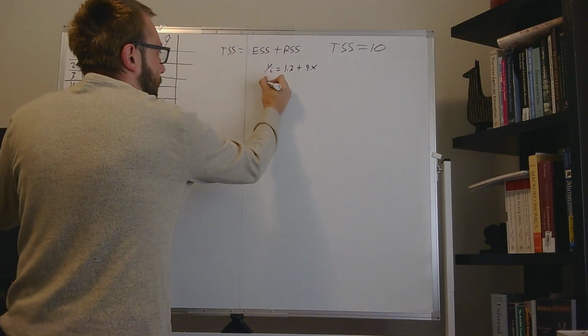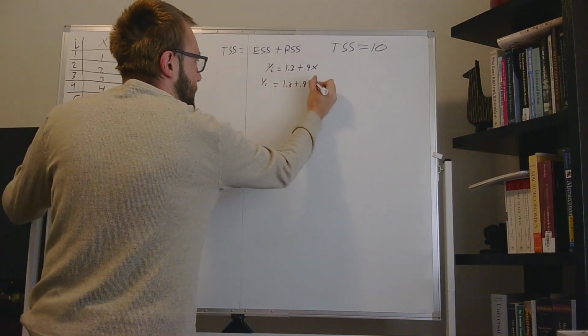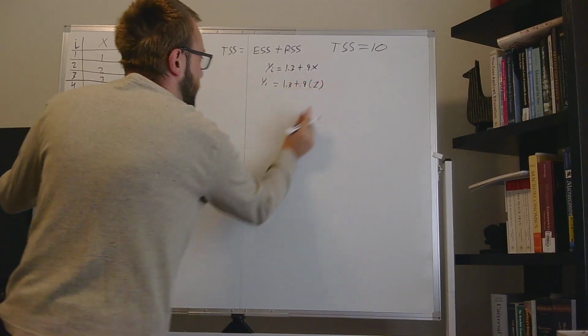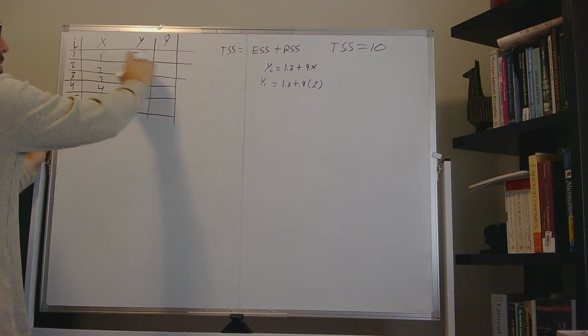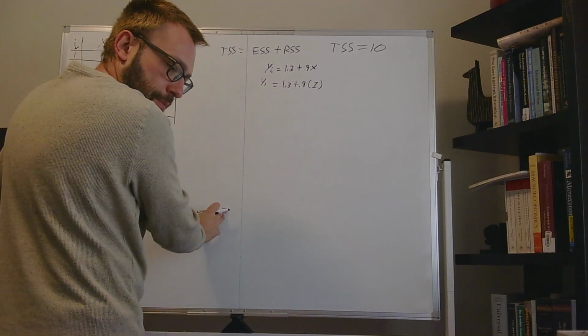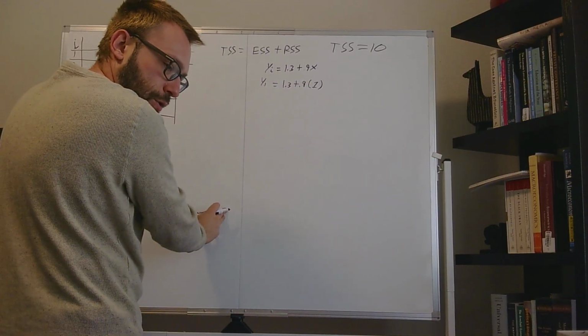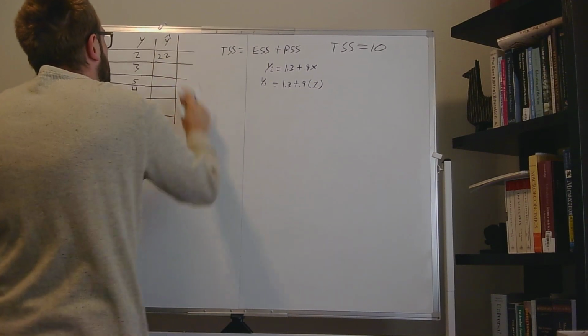For y1, that's going to equal 1.3 plus 0.9 times 1, because our first value at that index of y1 has x equal to 1. And so this ends up being 2.2, if I'm not mistaken. Yeah, 2.2.